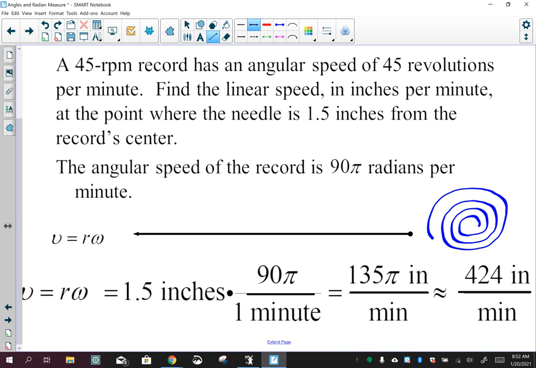It becomes flat: I started here and ended here, and I've gone 424 inches in 1 minute. That's what we're talking about with linear speed. We can take that coil and look at that length right there.